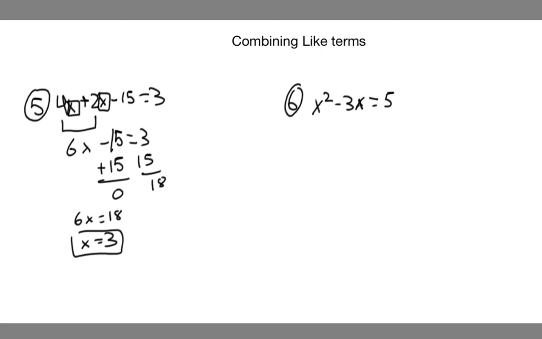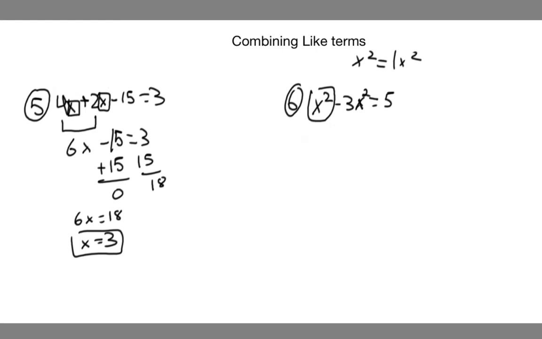So instead, let's suppose we change this into x squared minus 3x squared. Could we solve this now? Yes. Since we have like terms, we just have to remember that x squared is the same thing as 1x squared, since 1 times anything is the same thing.